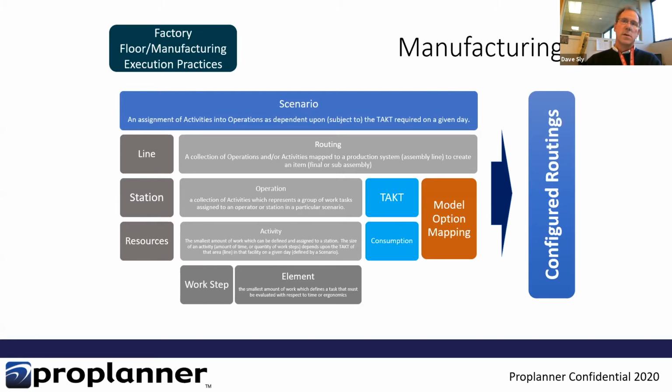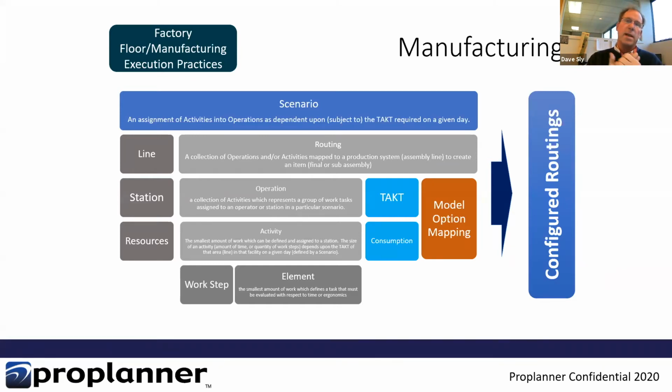In other words, a certain number of people available in each station. So you may have a 14-person line scenario, a 16-person line scenario, and an 18-person line scenario, which will change everything below it in terms of what tasks are assigned to which people on the line, where parts are consumed, where parts thus need to be delivered, and so on.